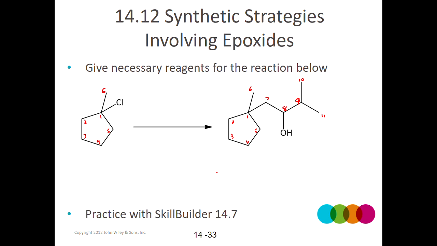And what I'm noticing is this R group, which is here, is connected to carbon 7, which is 1 away from a carbon the oxygen is on. Right?